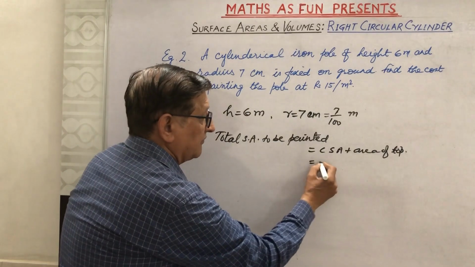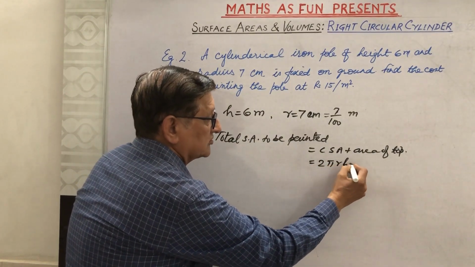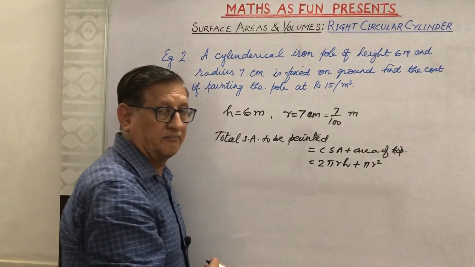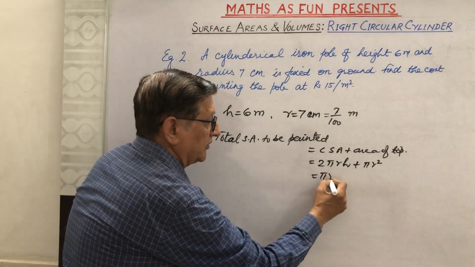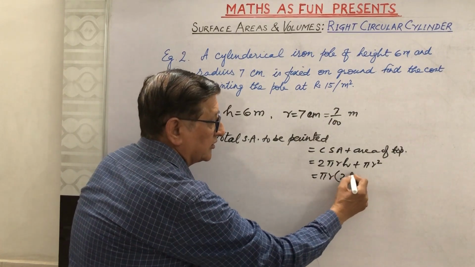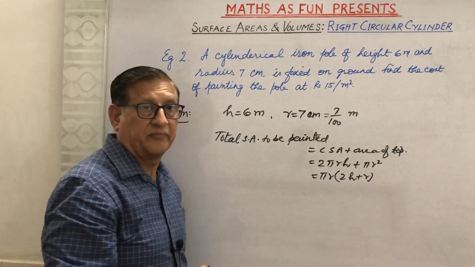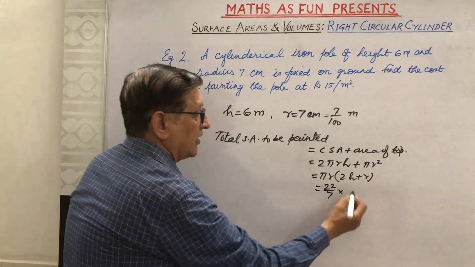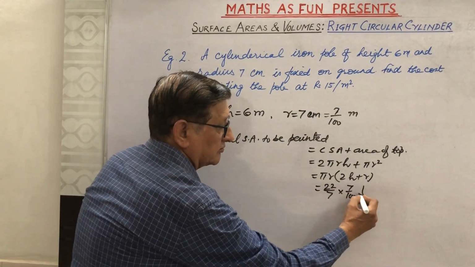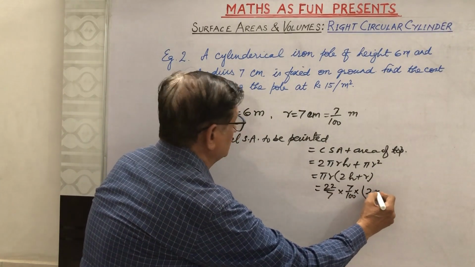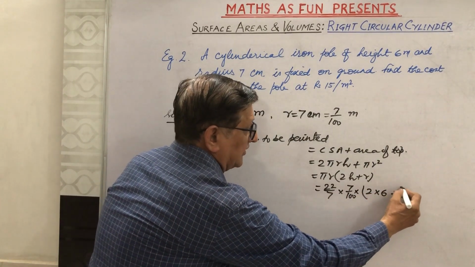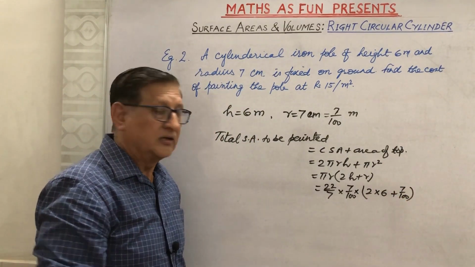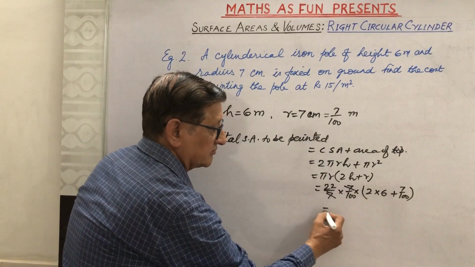Curved surface area we know is 2 pi r h. Area of top will be pi r square. If we take pi r common, this will be 2h plus r. Substitute the values. Pi means 22 by 7. R means 7 upon 100. Into 2h means 2 into 6. Plus r means 7 upon 100. 7 cancels this 7.